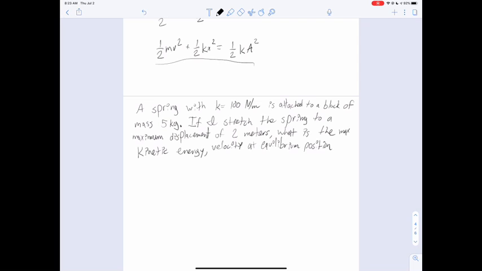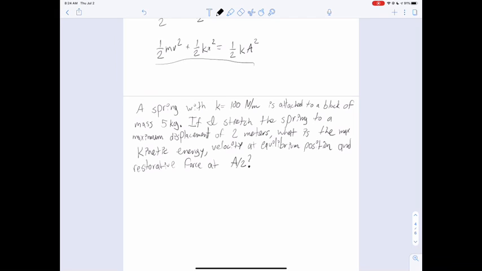And A over 2 is half of the amplitude, or half of the maximum displacement. Okay. So we're gonna take it step by step.